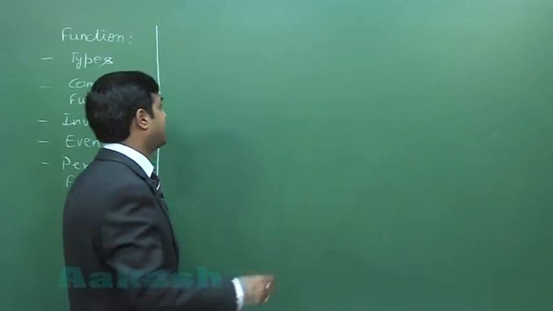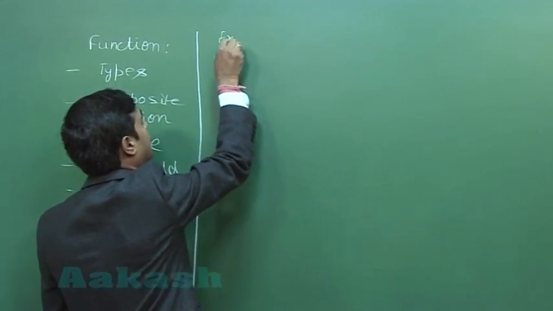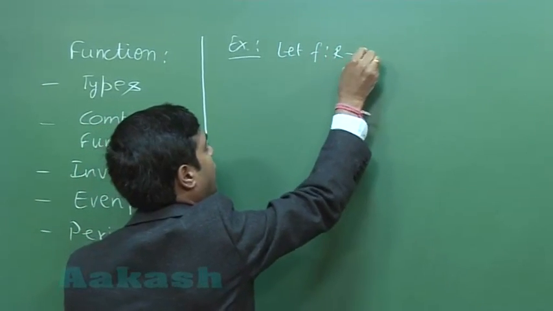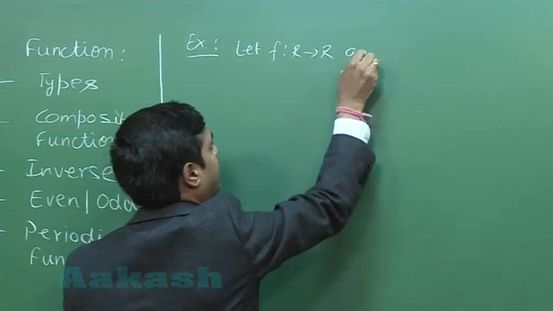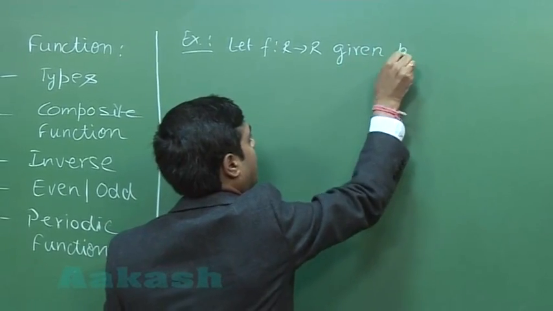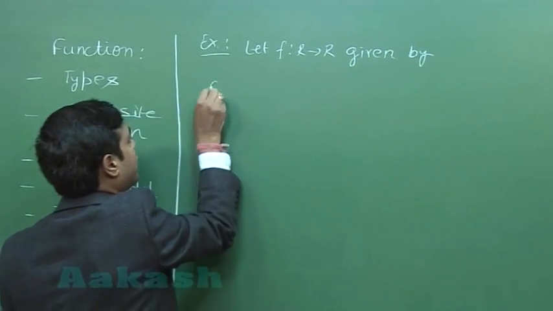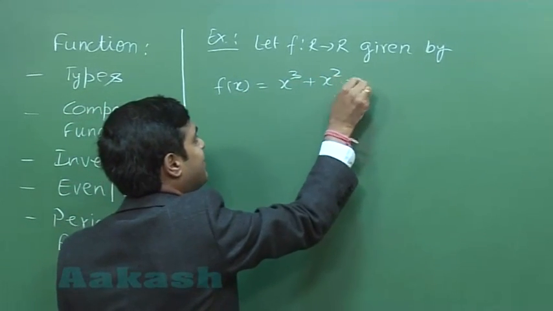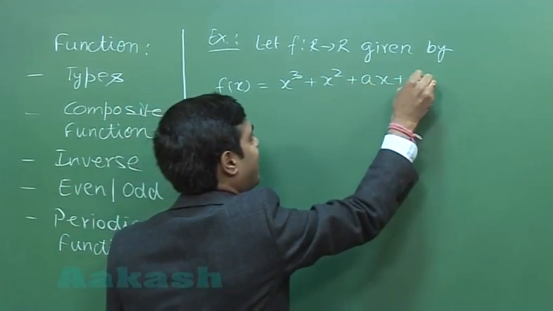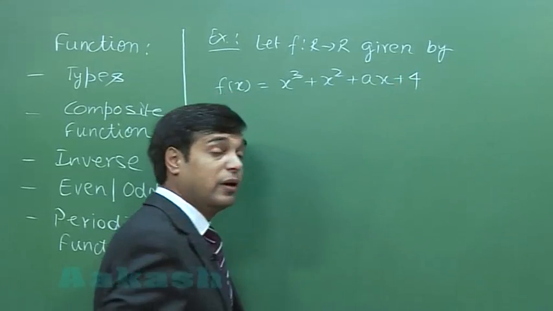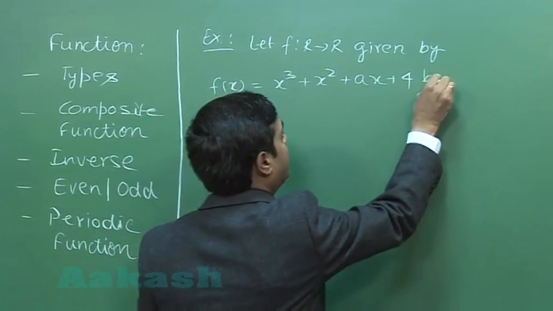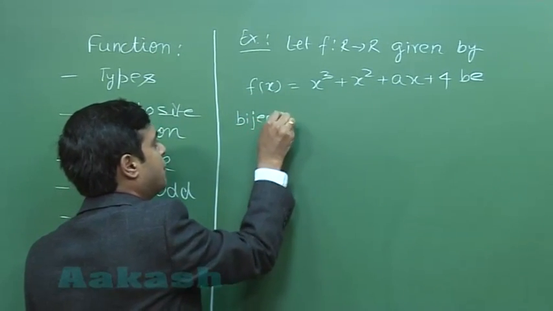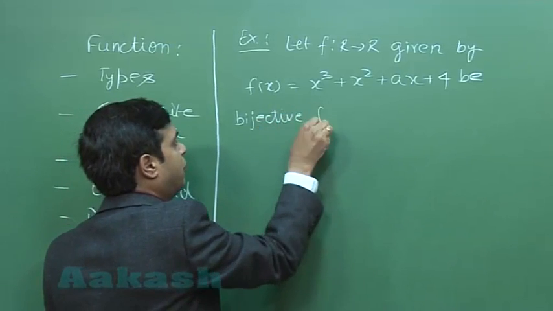Okay, let's take the next example. Let f from R to R be given by f(x) equals x cube plus x square plus ax plus 4, and let it be a bijective function.